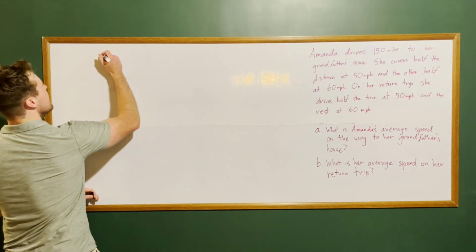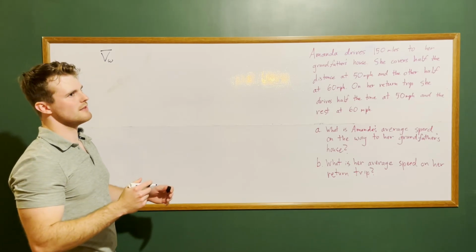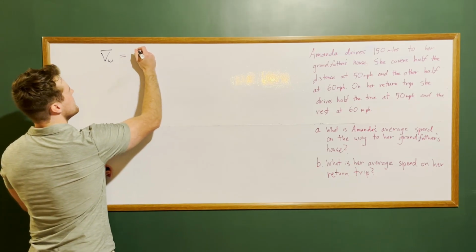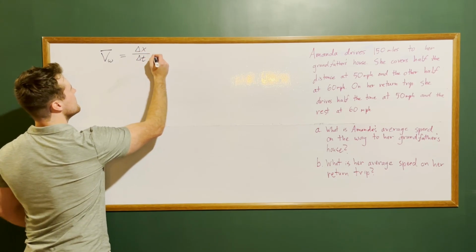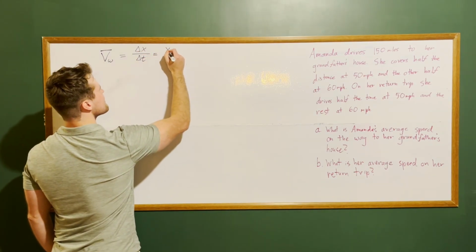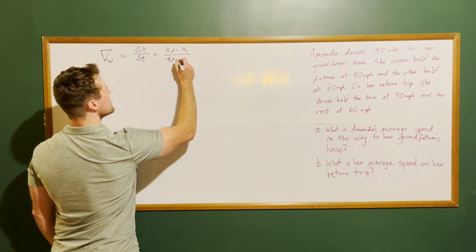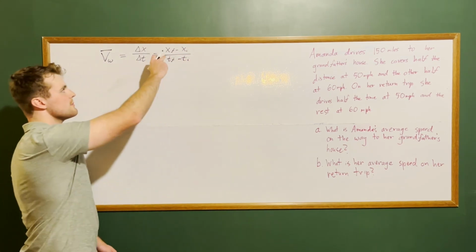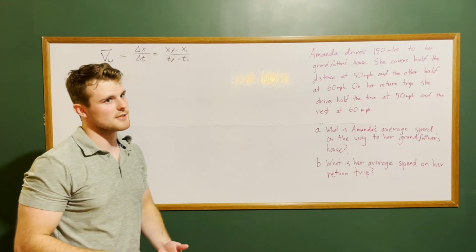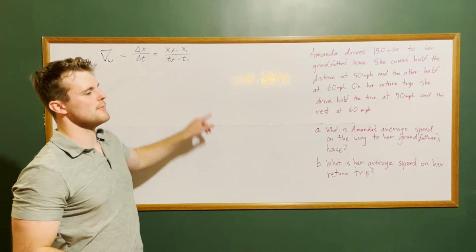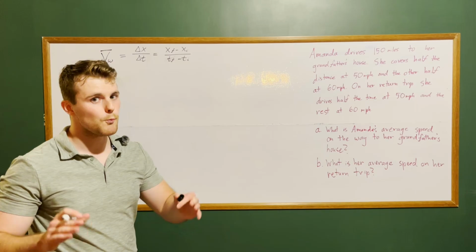I'm going to say average speed, V bar sub W for way, equals delta X over delta T, which is the change in displacement divided by the change in time, where X sub F is our final displacement, X sub I is our beginning displacement, and T sub F and T sub I are our final time and our initial time, respectively.